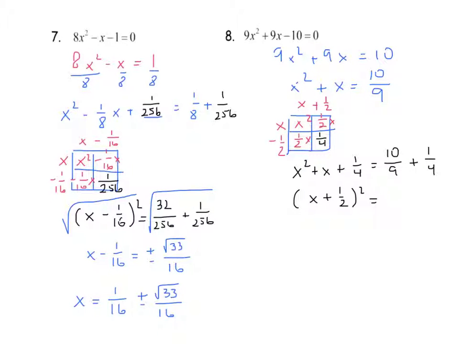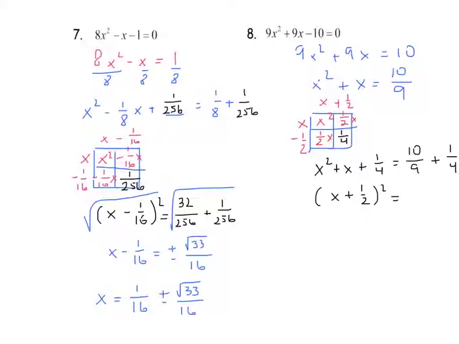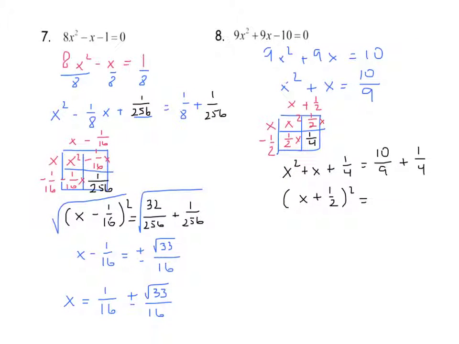So we are going to find the common denominator, which is 36. So let me move this back. So this will give me 40 over 36, and here I will have 9 over 36.